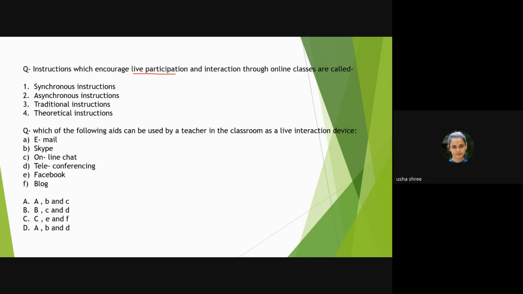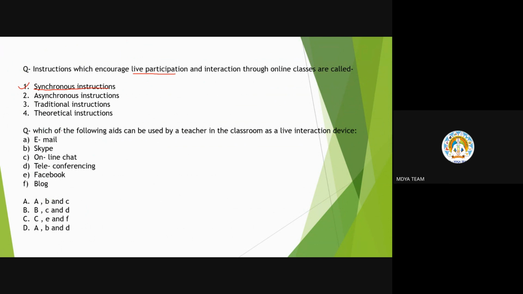The literal meaning of synchronous is something that is happening simultaneously. So if there is a class and live participation and interaction is going on, we will classify it as synchronous instruction. So the first answer is correct.